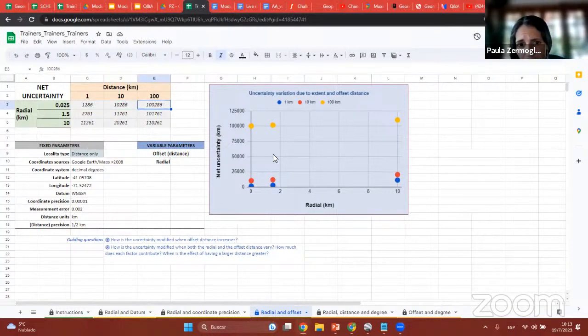And that happens for any radial that we're looking at, and at the same rate besides. See, here we go from 1 to 10 to 100. Here we go from 2 to 11 to 101, and so on. So the further off we go, the more uncertain we are. Is this clear for everyone?